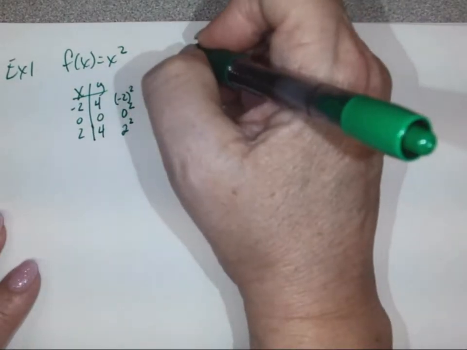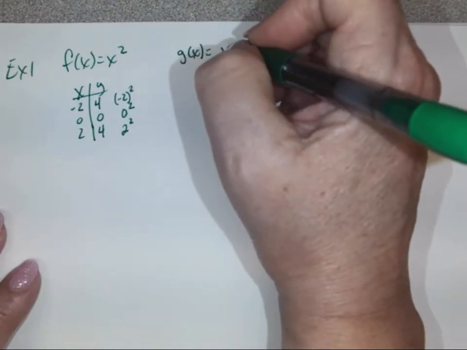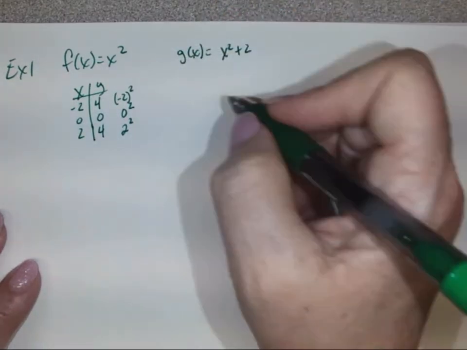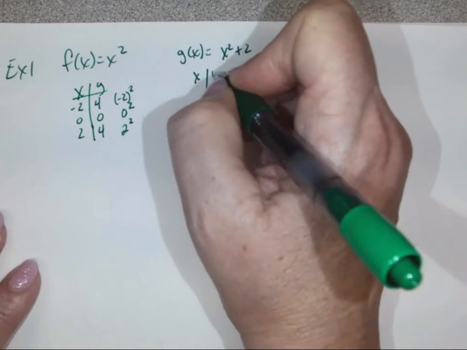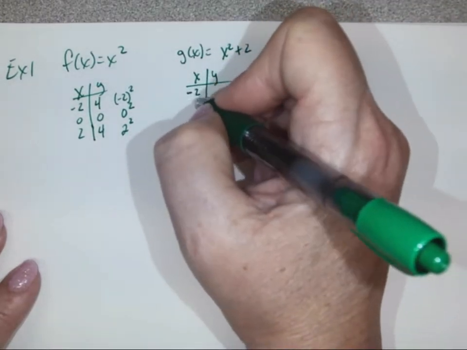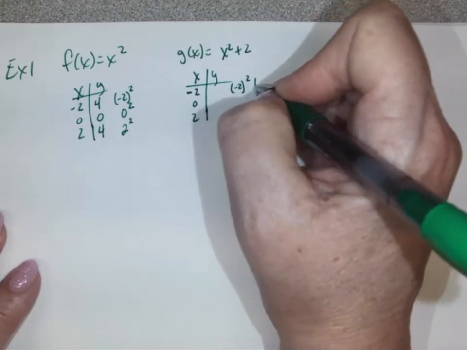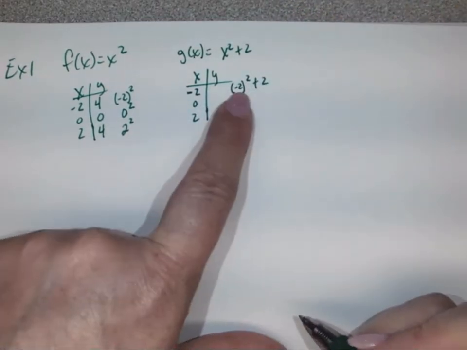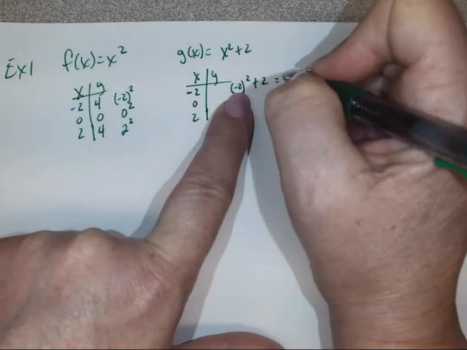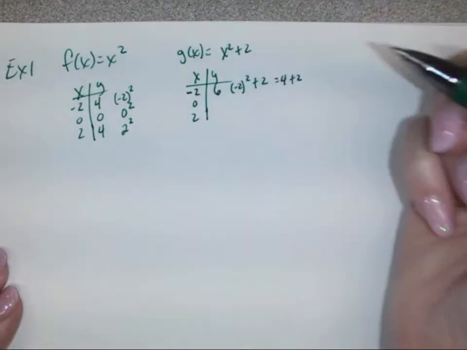Now, if I look at my g of x, which was equal to x squared plus 2, if I make another t-chart, I'm going to use the same values so we can see what's going on. So I have negative 2 squared plus 2. Well, negative 2 squared, again, is going to get me 4, plus 2 will make it 6.